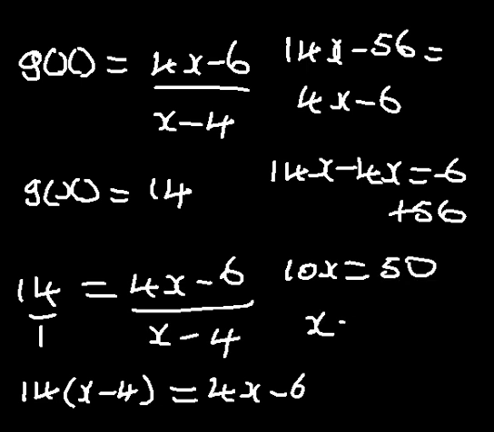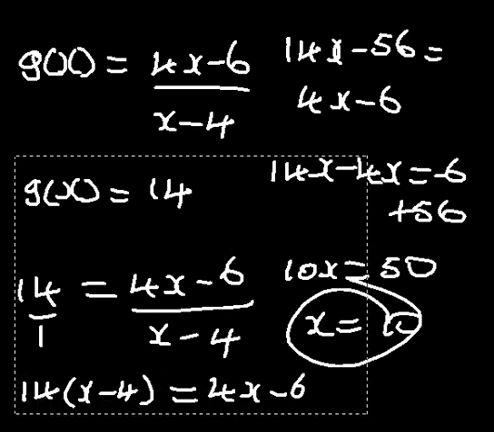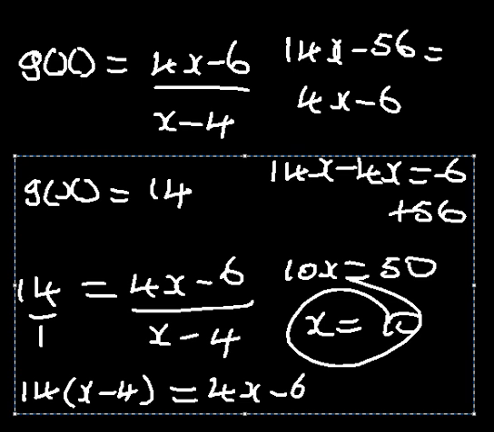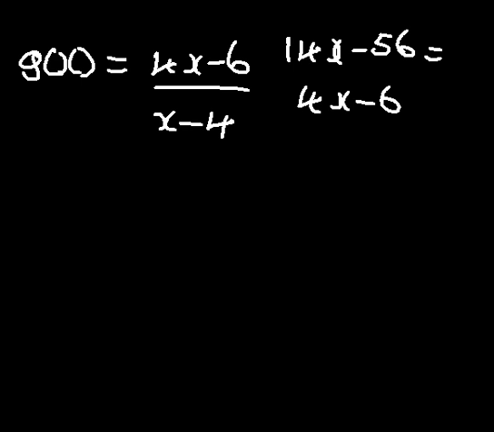In this case we'll have x being 10. So that's how we get it. Which means whenever the input is 10, the output has to be 14.